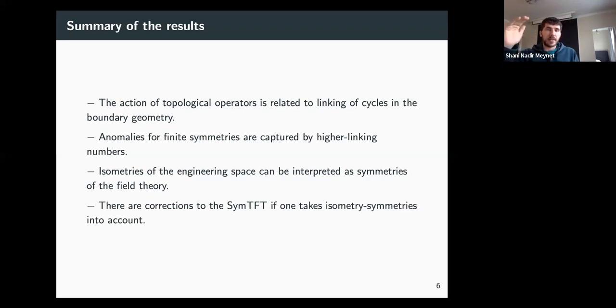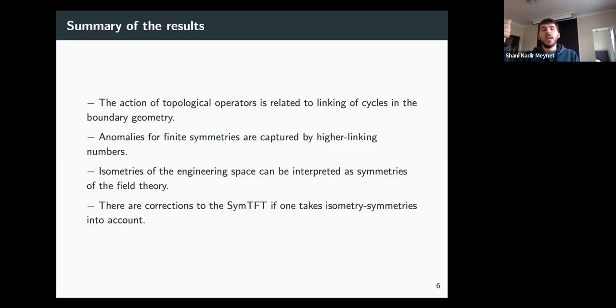I will discuss at length the relation between linking and the necessity of enhancing the boundary geometry data with the higher linking data, which captures not only the usual action of symmetry operators on defects, but also captures the anomalies of these symmetry operators.